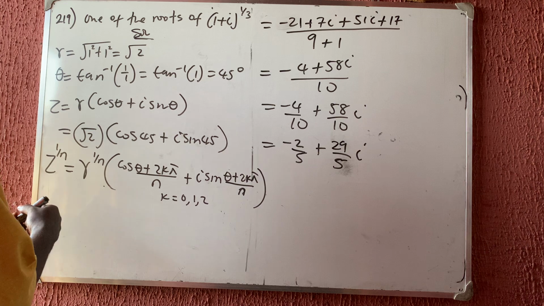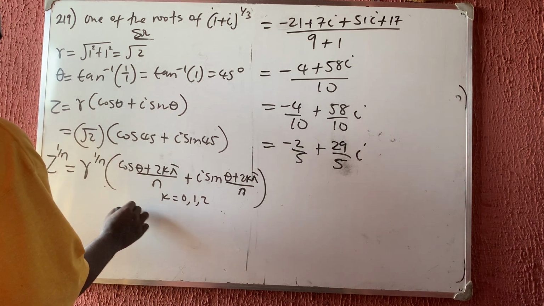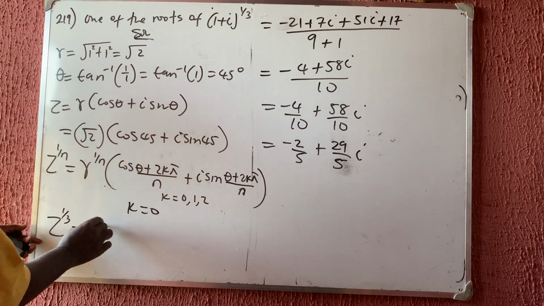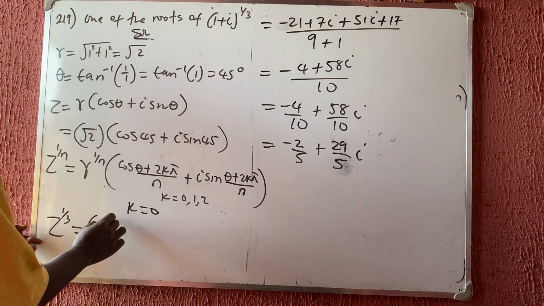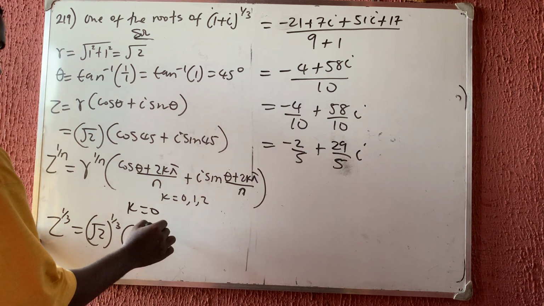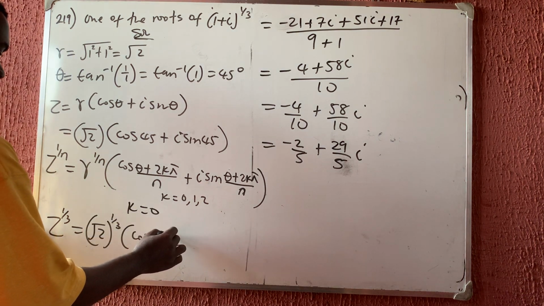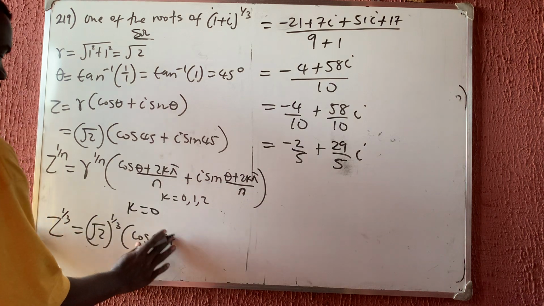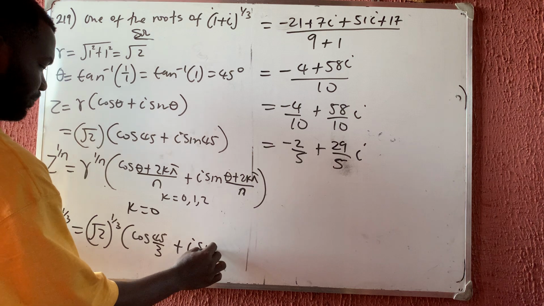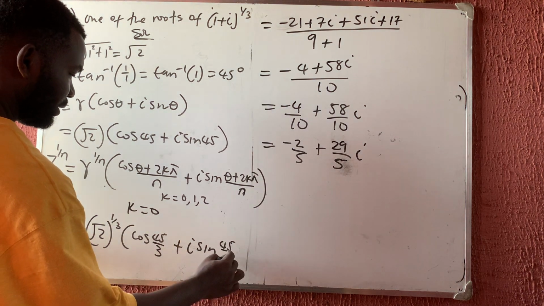So when k is equal to 0, I'm going to have z raised to power 1 over 3 is equal to root 2 raised to power 1 over 3 into cos 45 plus everything here is 0, so cos 45 divided by 3, plus i sine 45 divided by 3.